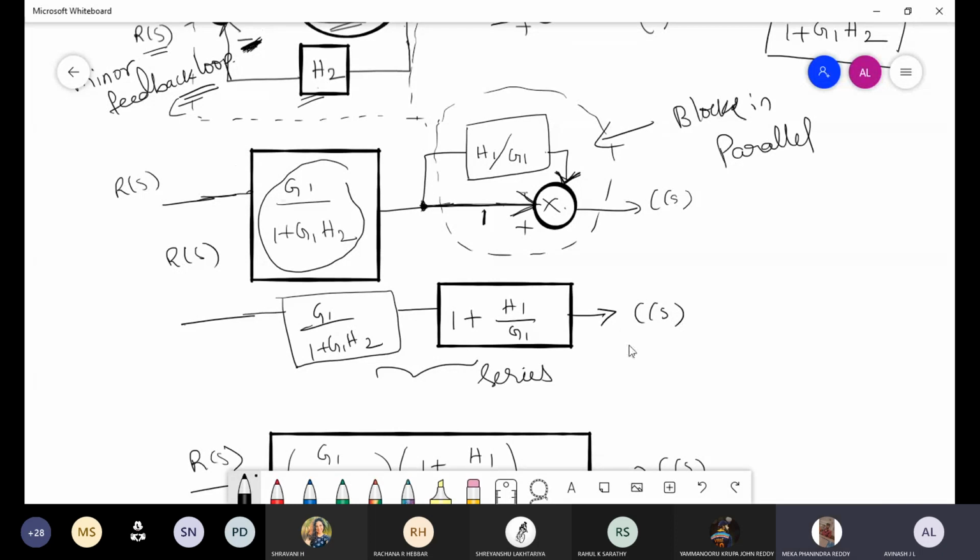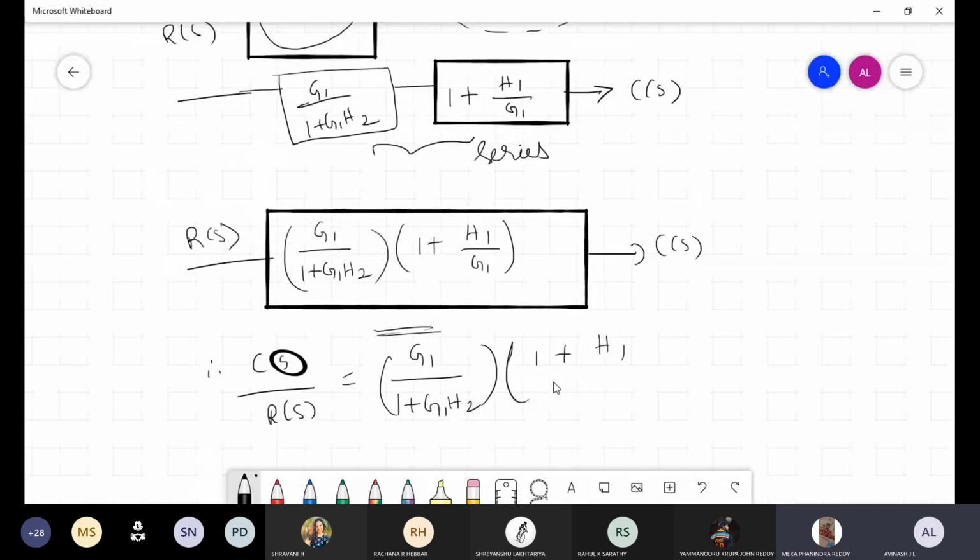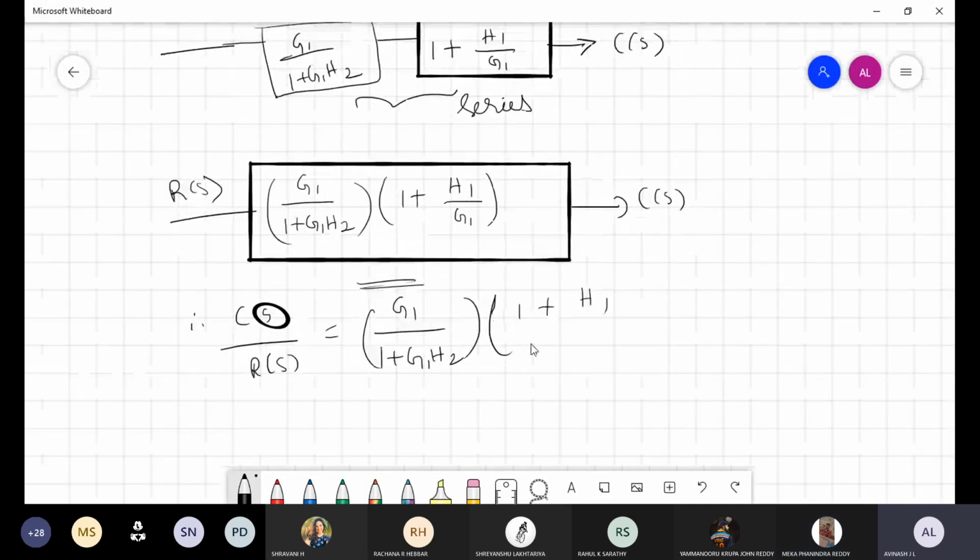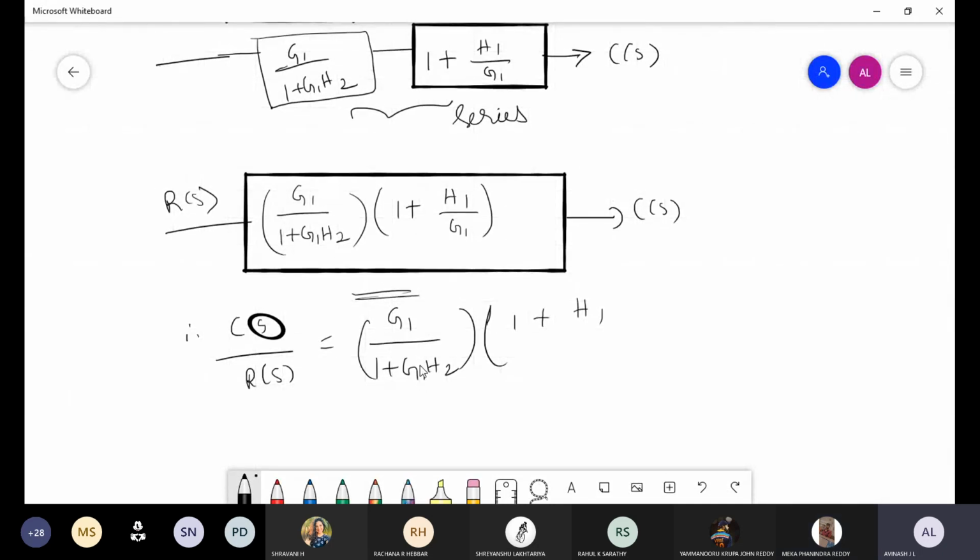Yes, sir. So here, C of S divided by R of S will be equal to G1 divided by 1 plus G1 H2, into 1 plus H1 divided by G1. Is it clear? Yes, sir. Thank you, sir. We'll move on to the next numerical.